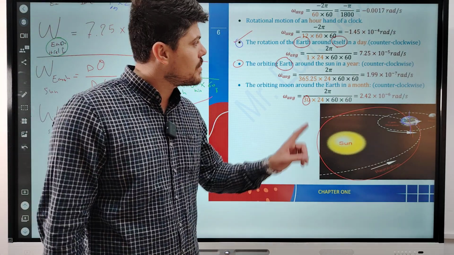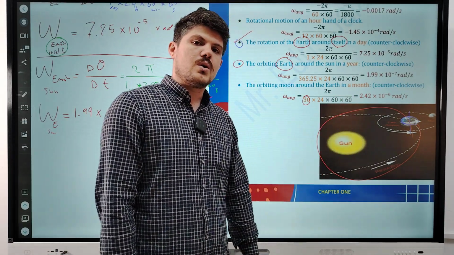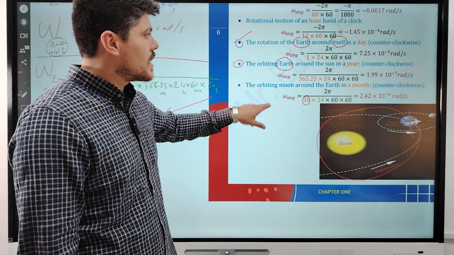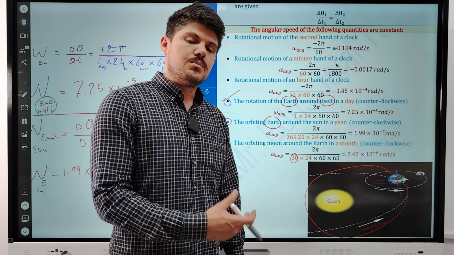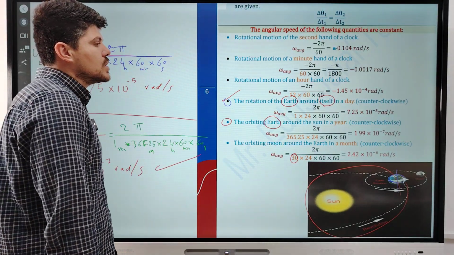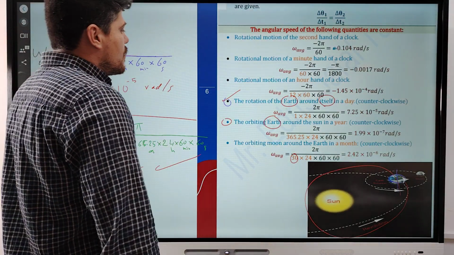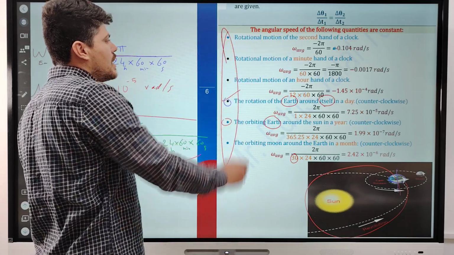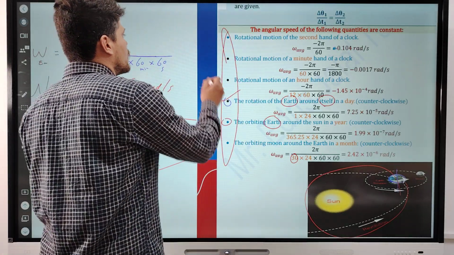Okay, so that's all about the angular speed. Sometimes the angular speed is constant for something like the minute hand, second hand, and the Earth orbiting around the Sun. For these variables, all of them have zero angular acceleration.